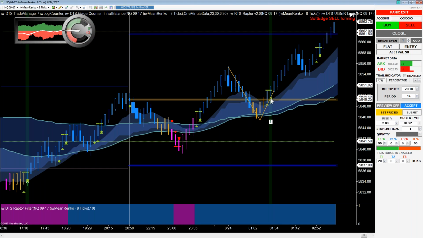Once that happens and all the signal parameters have been met, you will print a number one signal. So simply for the clouds to cross with no pullback, you will not generate a number one signal.